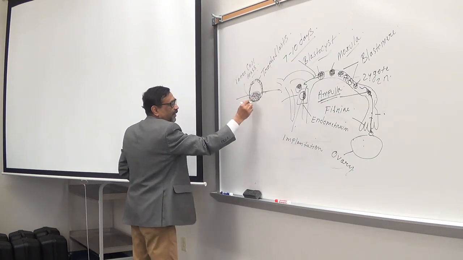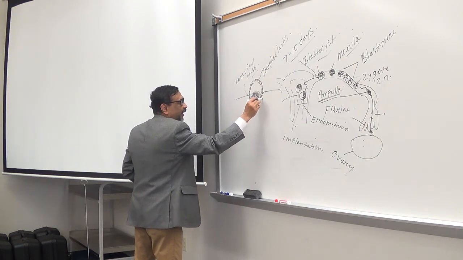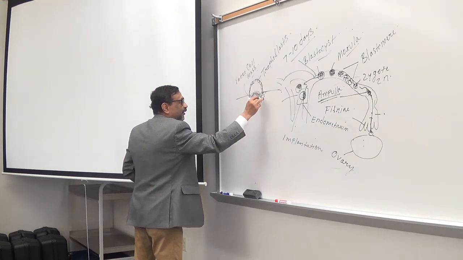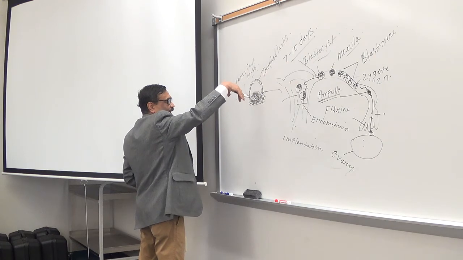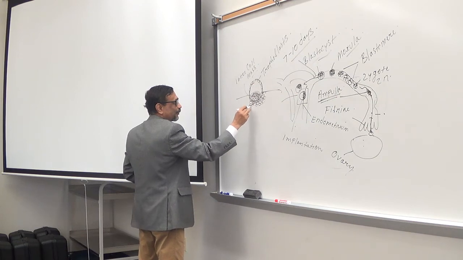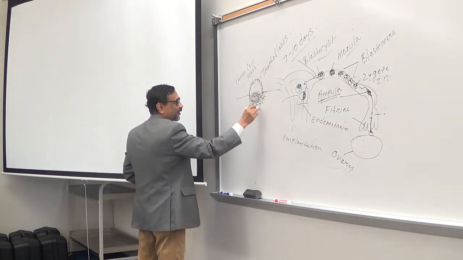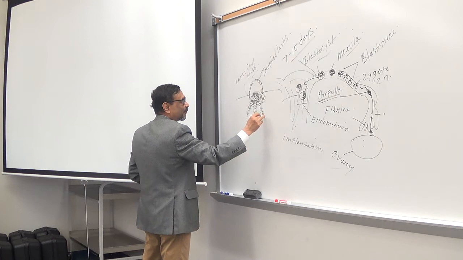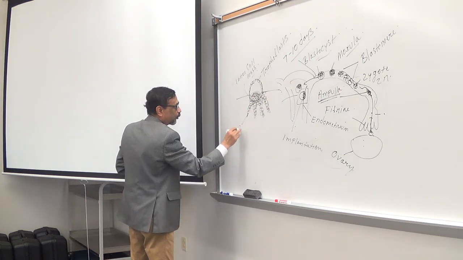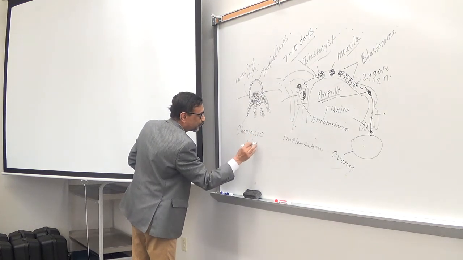Then next what happens? These trophoblasts are attached to the endometrium. These trophoblasts proliferate, multiply like this. This is interesting, it's growing roots in the endometrium, in the soil, and forms villi, finger-like, root-like structures. These are called chorionic villi.